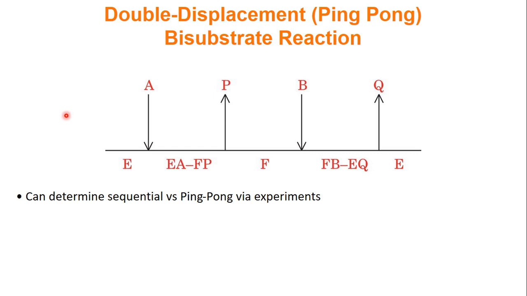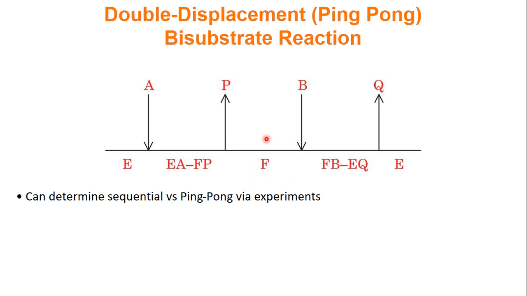Now, that is different than a double displacement or ping-pong mechanism. In a double displacement, one substrate binds and a product is released. And our enzyme has changed. So E and F is the same molecule, but they're slightly changed.